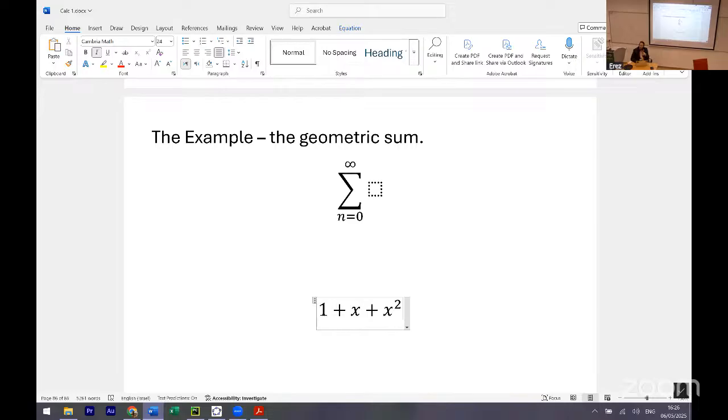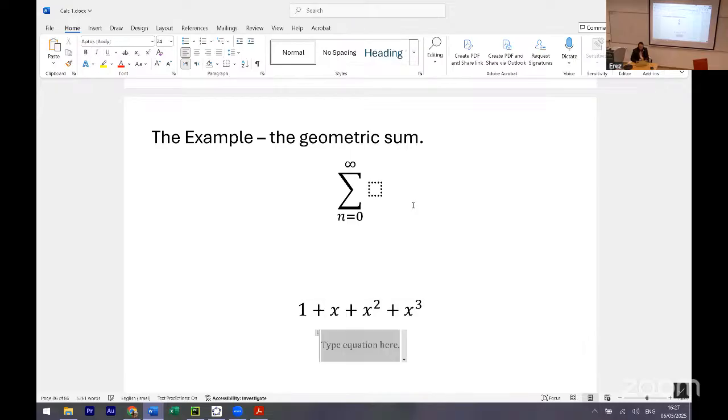When you see it, what comes to mind? A parabola? No, not at all, but what you're saying is polynomial, right?